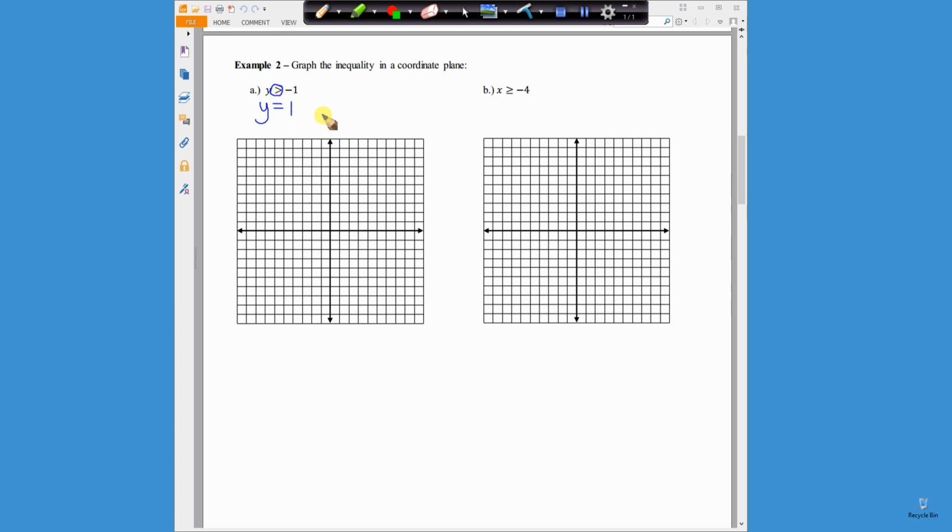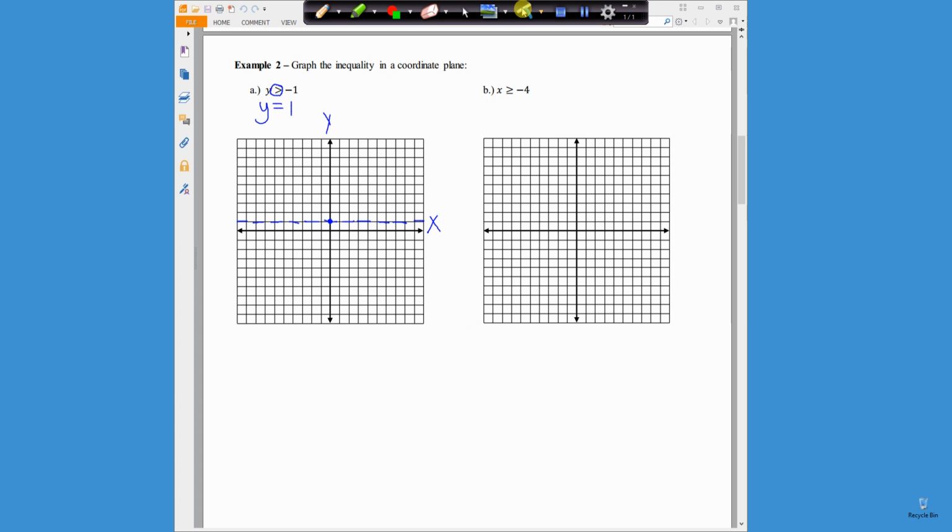So y here, x here. Where is y equals 1? Y is 1 over here, and as we said before, this is a horizontal line, but because it's y greater than, not greater or equal, just greater, this is a dashed line. And basically you're saying which numbers for y are bigger than -1.